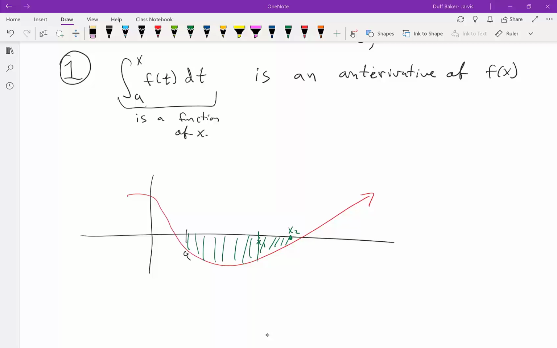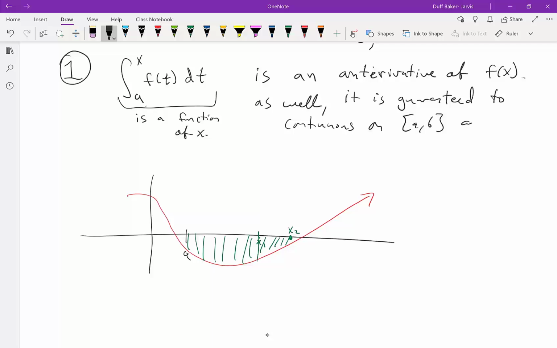Okay. So in addition to this, not only is it an antiderivative, this antiderivative is guaranteed to be continuous on the same interval and differentiable on the interior.